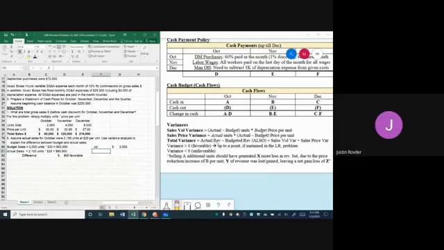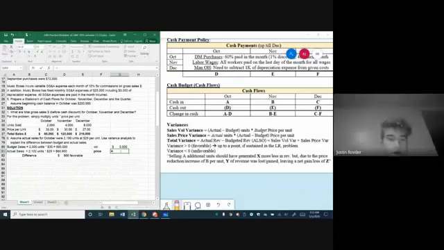Then our price variance is the actual units times the actual minus budgeted price per unit. So the actual units were 2,100, multiplied by the actual minus budgeted price per unit.